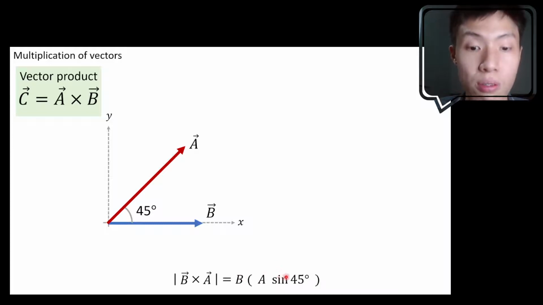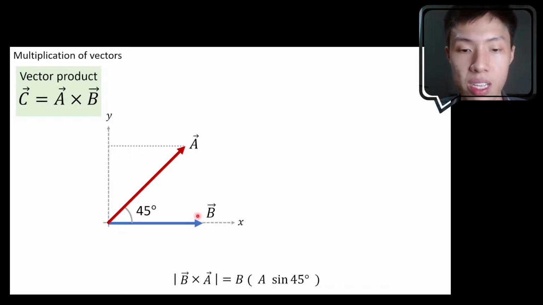Now you can think of it as me resolving vector A to find the component which is perpendicular to vector B. Why do I say perpendicular? Because sine means opposite, so the opposite should be on this side, which is equivalent to this component of A over here.